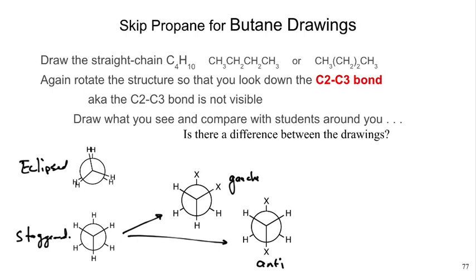You'll see this and say, oh, that's gauche. This drawing is an artifact of whoever's drawing it. They feel it's easier to see this on this left to right system. But it could just as easily be a flip of the molecule, showing that same interaction at the bottom quadrant, or the other bottom quadrant, or the top. Does that make sense? This goes back to there's no up, there's no down. As long as that proximity is there, that is a gauche interaction.